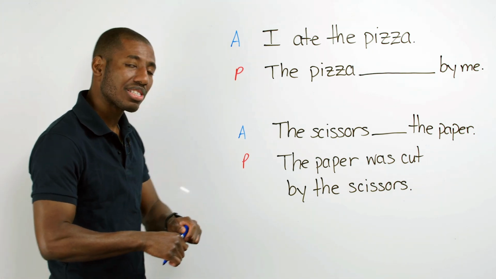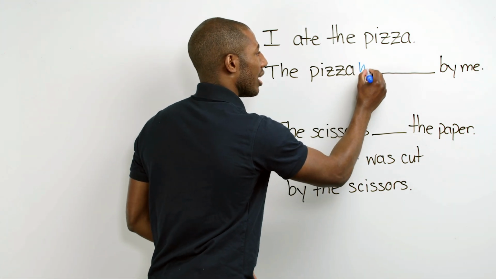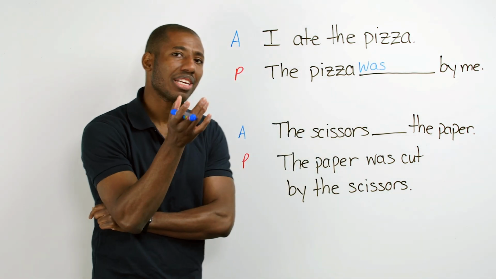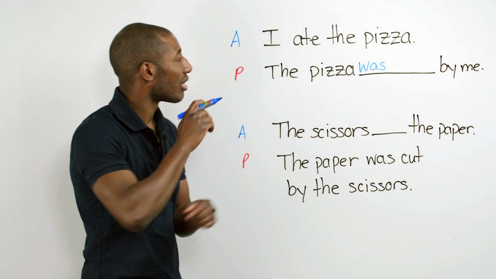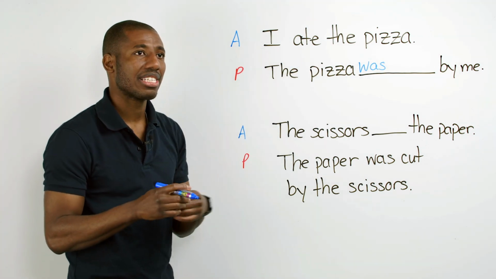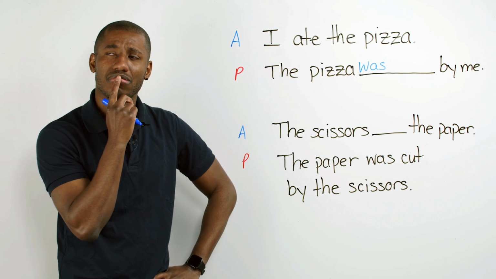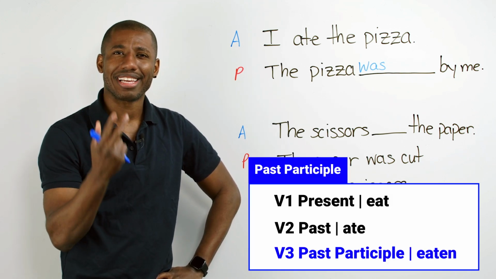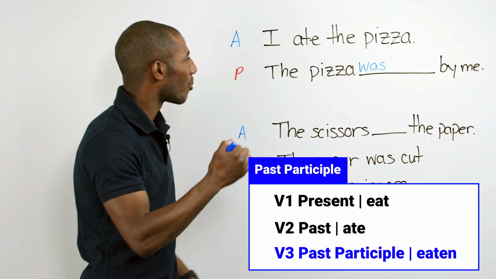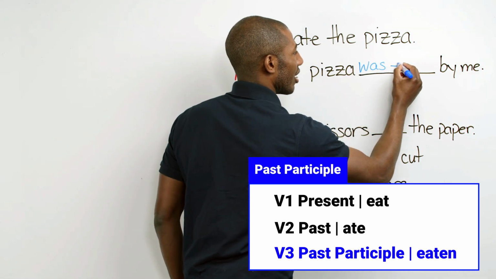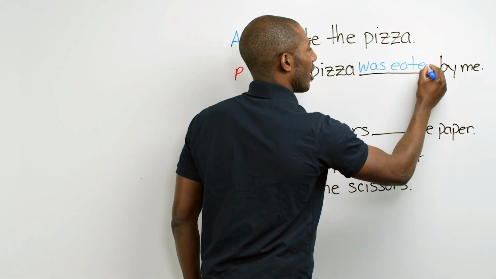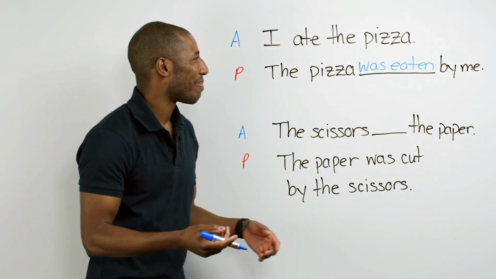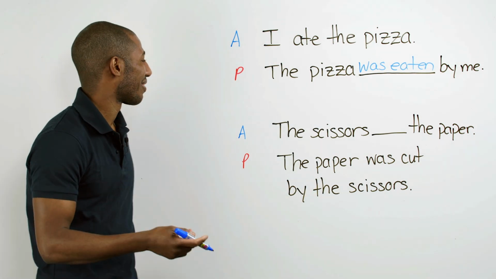So let's write was as our to-be verb, but we still need a past participle. So looking at our action, ate, let me think. There's eat, ate, eaten. Eaten would be our past participle. And of course, who was it eaten by? Me. The pizza was eaten by me, and it was good pizza.